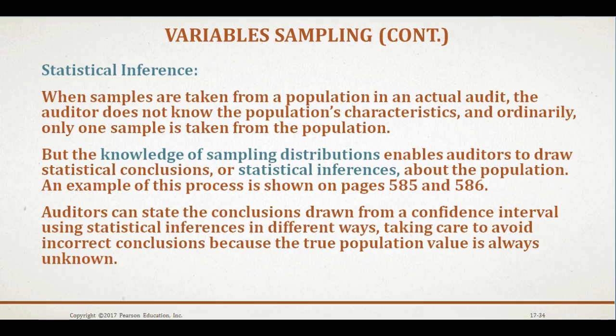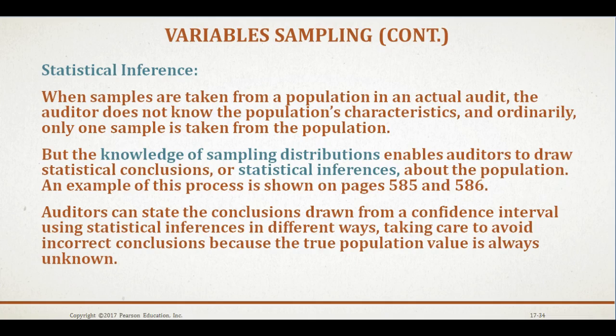When samples are taken from a population in an actual audit, the auditor does not know the population's characteristics, and ordinarily only one sample is taken from the population. But the knowledge of sampling distribution enables auditors to draw statistical conclusions or statistical inferences about the population.